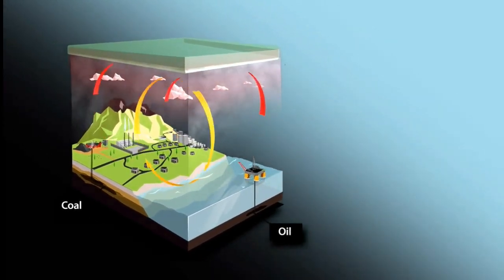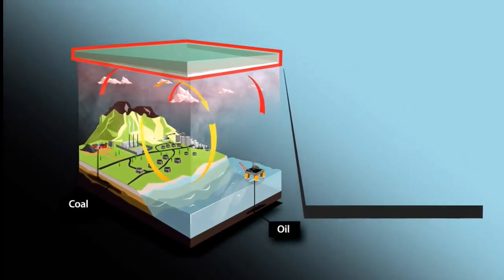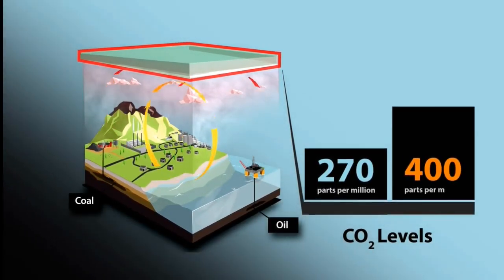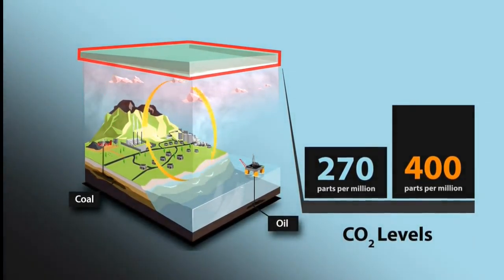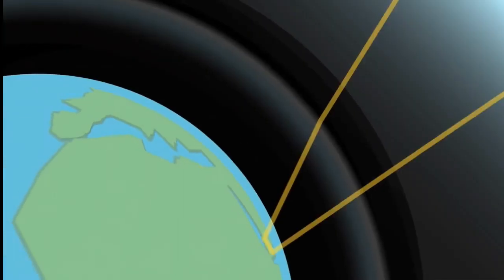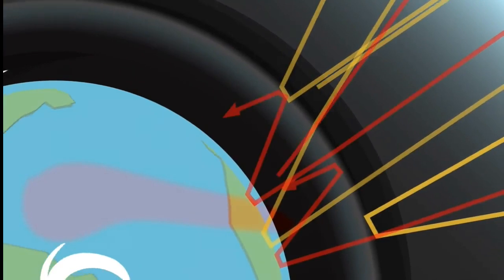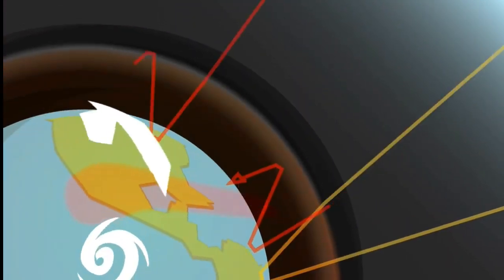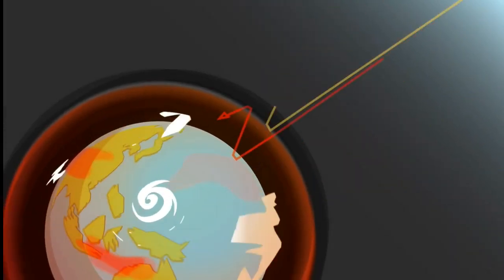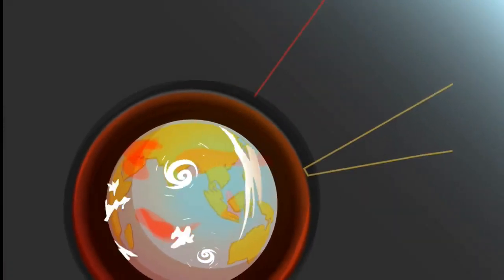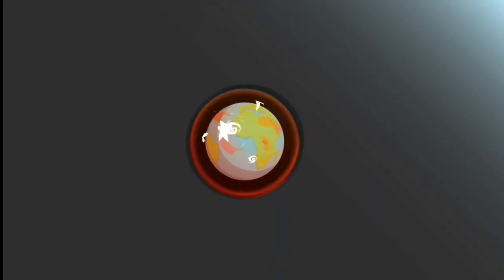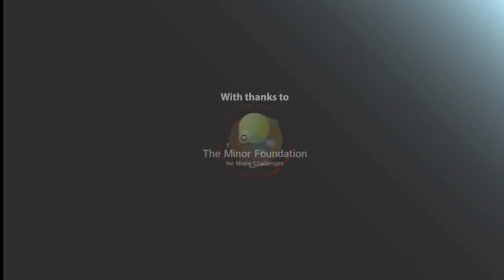Over the past 150 years, the concentration of atmospheric CO2 has risen from 270 to 400 parts per million. The higher this concentration gets, the greater the greenhouse effect becomes. As a result, the planet is warming, and the Earth's surface and the ocean are heating up. This is already causing our climate to change. Unless we rapidly reduce our carbon emissions, we risk seeing more extreme weather events and other dangerous impacts in the years to come.